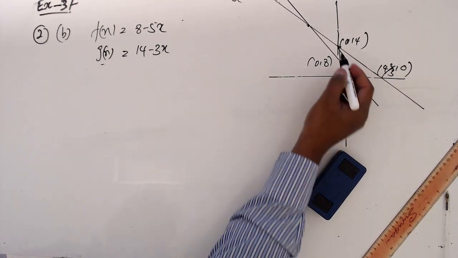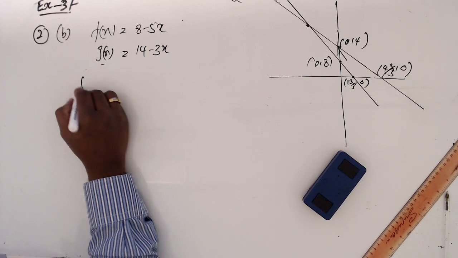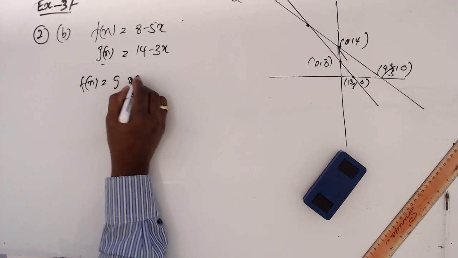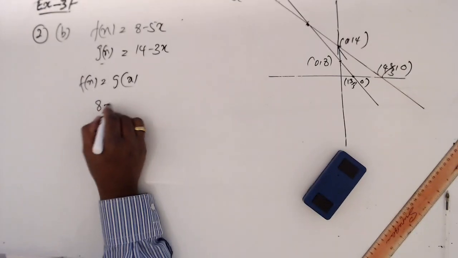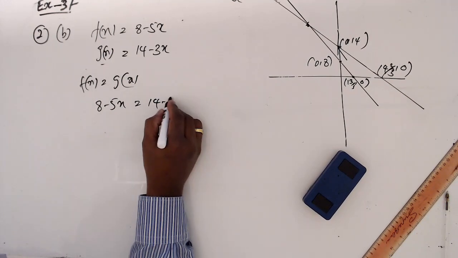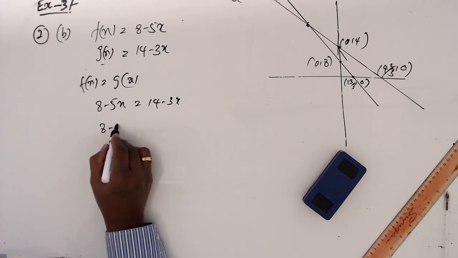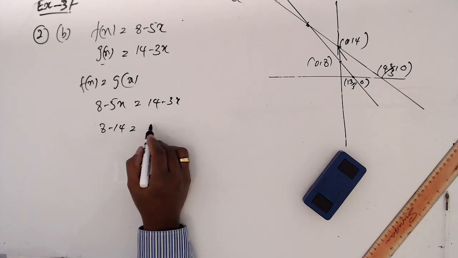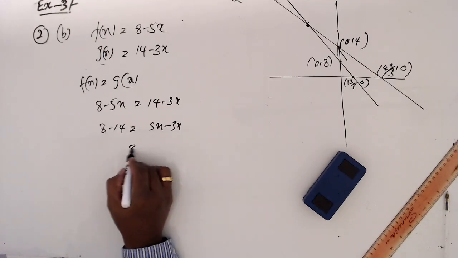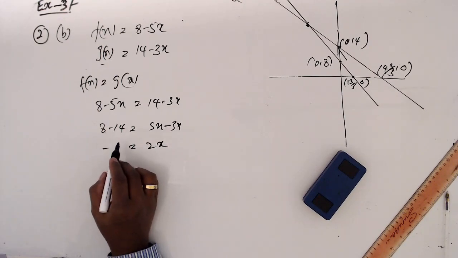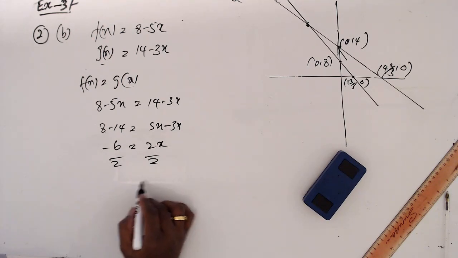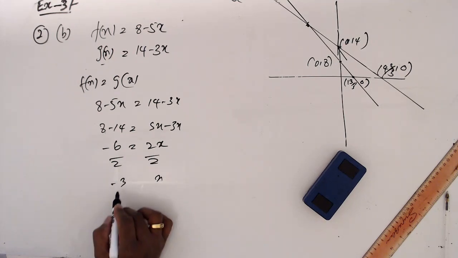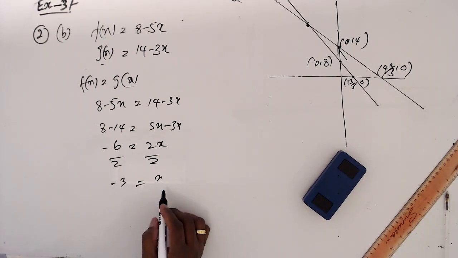Now I want to find the intersection point. So f(x) equals g(x) at this point. 8 minus 5x equals 14 minus 3x. 8 minus 14 equals 5x minus 3x. So 2x equals minus 6, divided by 2, so x equals minus 3.